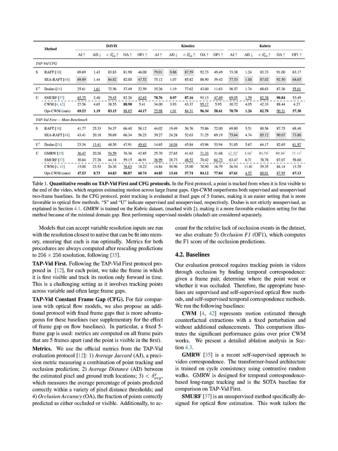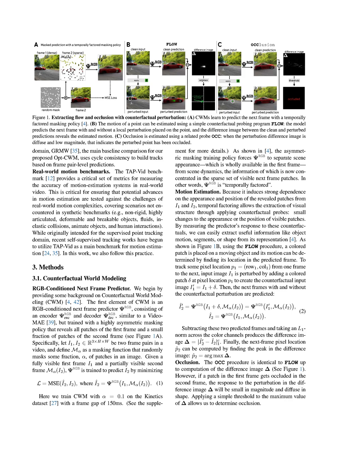For instance, consider tracking a pixel located at p_1 equals row_1, col_1 in the first frame, I_1. The algorithm begins by perturbing the image at this pixel location by adding a colored Gaussian patch, delta, to create a counterfactual image, I_1' equals I_1 plus delta.